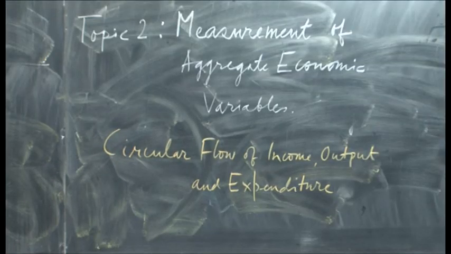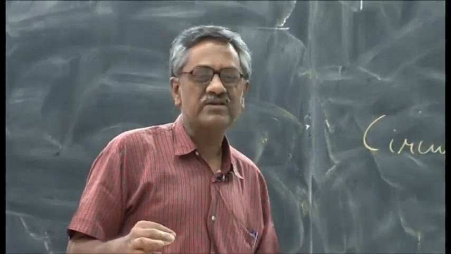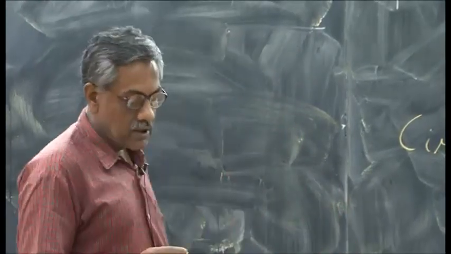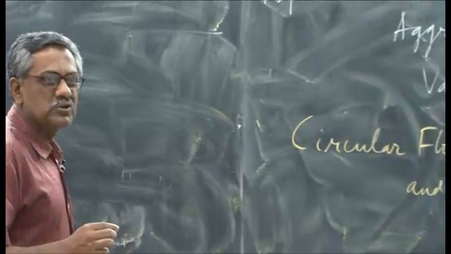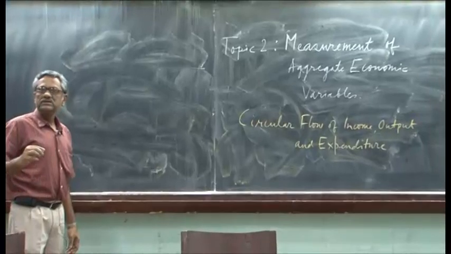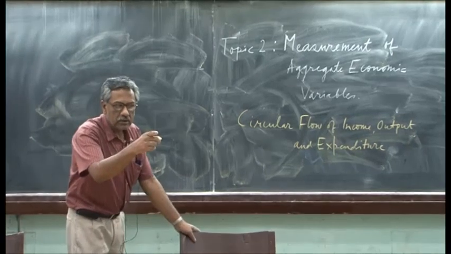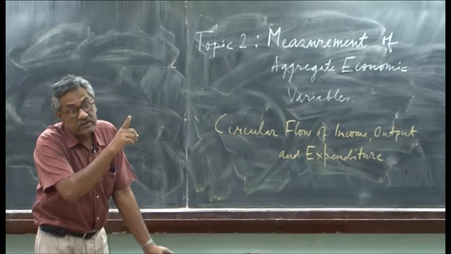Macroeconomists think that there is a circularity in the activities of a country. They are tied up. And how is this tied up? I can complicate the example, but I don't want to complicate it at this stage. The simplest demonstration of circular flow of income, output, and expenditure emerges from the fact that your salary from a company tomorrow when you get hired is their expenditure.